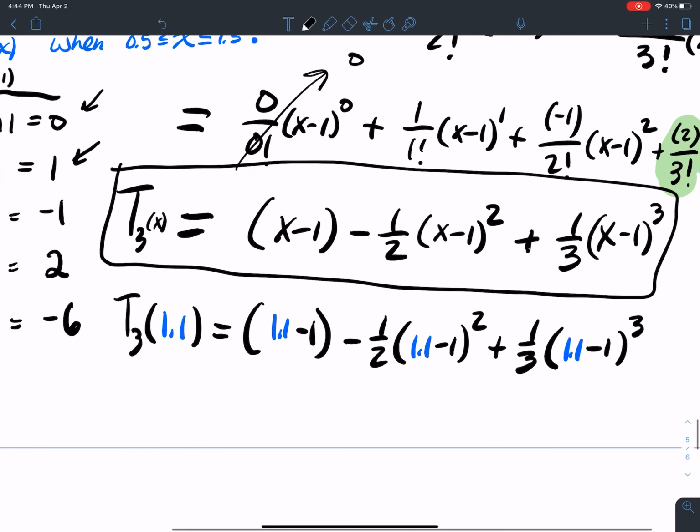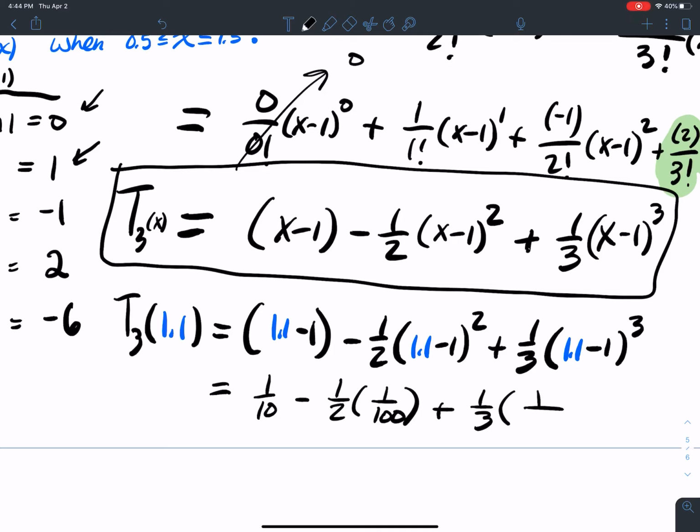When I type this in my calculator, I get 1/10 minus 1/2 times 1/100 plus 1/3 times 1/1000.